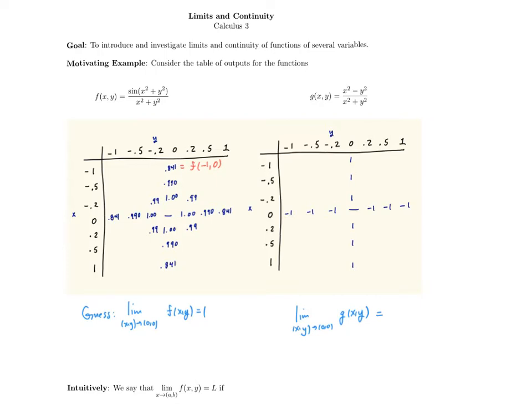So in this case, because they're not getting close to any single value, we would guess that the limit as x, y approaches the origin of this function g, at least based upon the information we have on this table, does not exist. And we can even give some rationale here. We can say that the limit along the x-axis, and remember the x-axis would correspond to y being 0, would be 1.